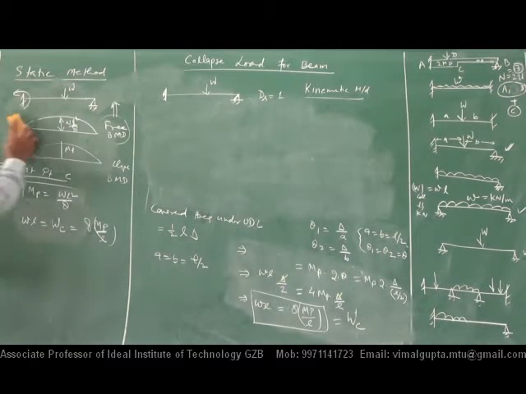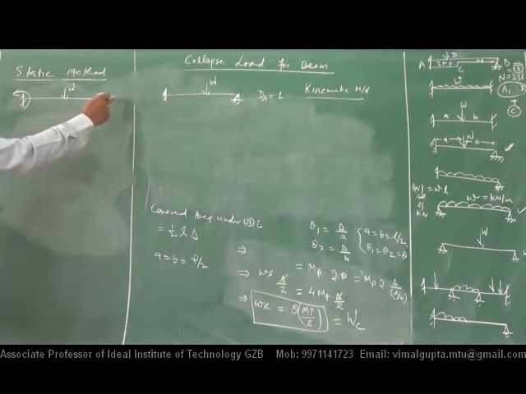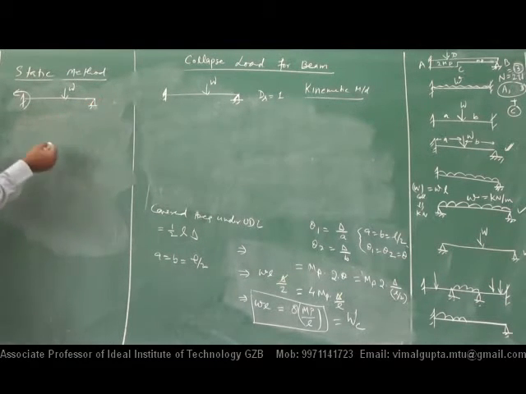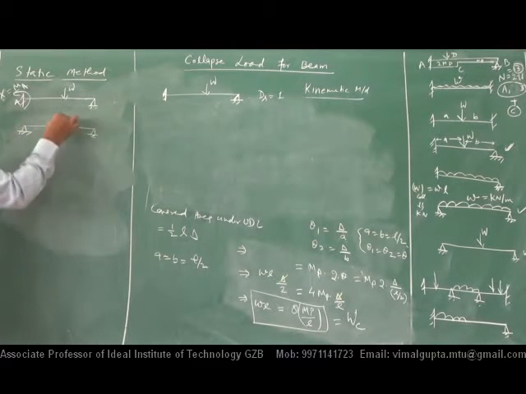Since the static indeterminacy Ds equals 1, we have X as redundant in the form of MA. To plot the free BMD, we must remove that, and after removing it we get this type of structure. That is the released structure, our primary structure.